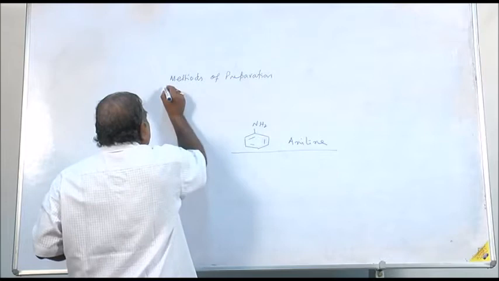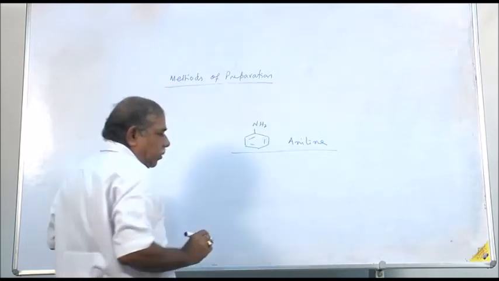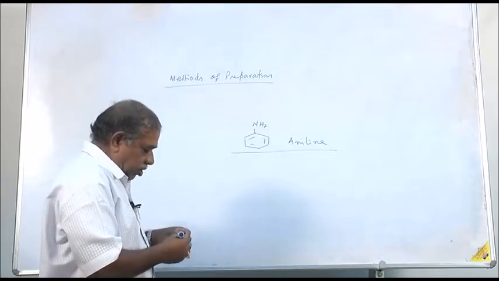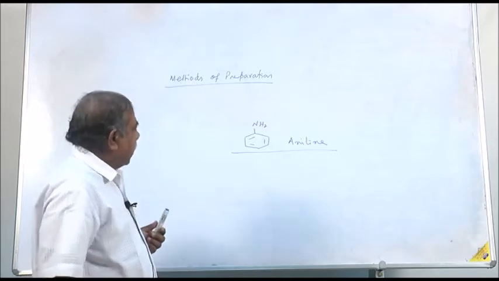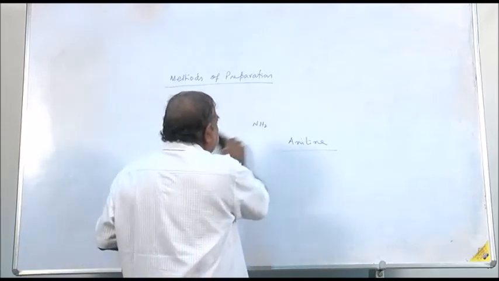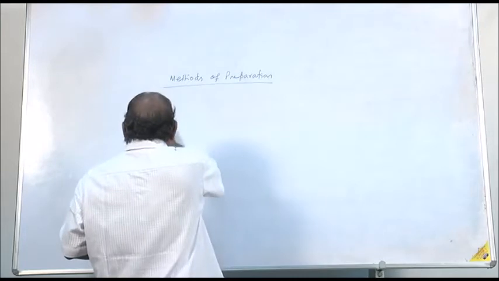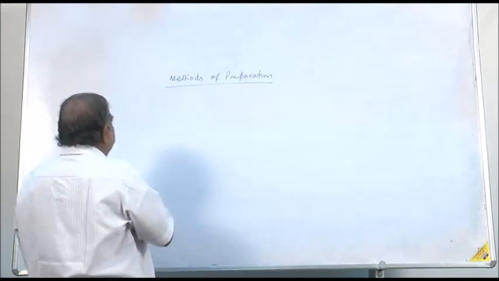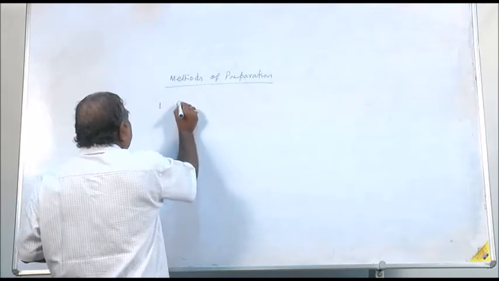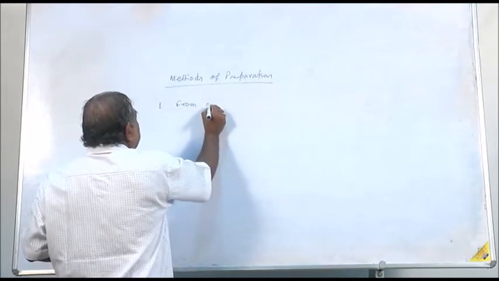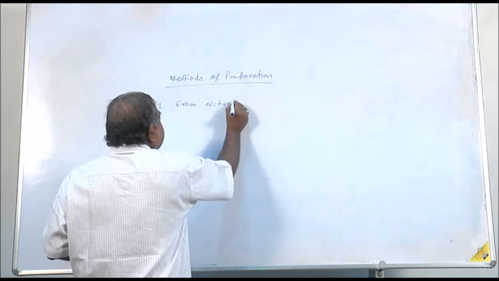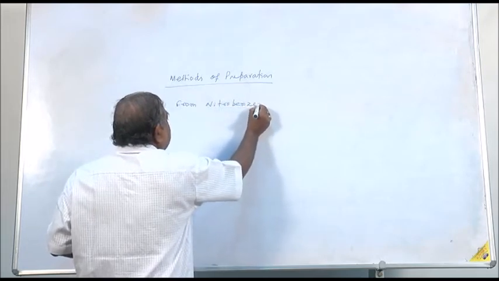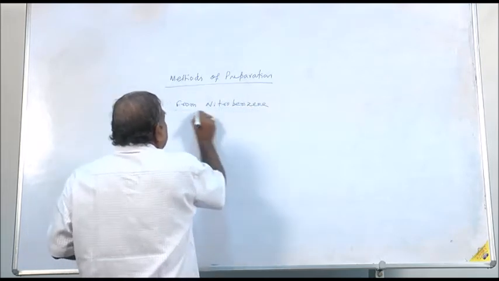Some of the methods you will find based on the same principle as that of aliphatic amines preparation. Some of them are also different. Number one, from nitrobenzene. They also have taken nitroalkane.